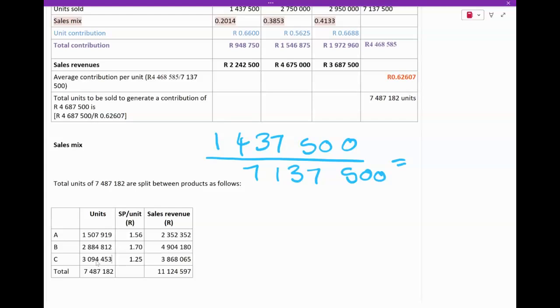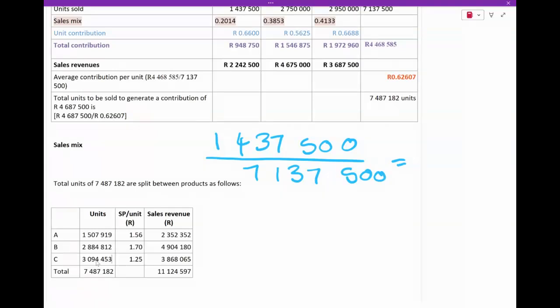Because remember, we just copied and pasted from there. Oh, I see what you're saying. I just multiply it. But I think the marker will accommodate for those differences.